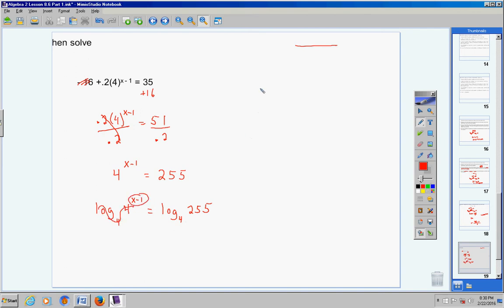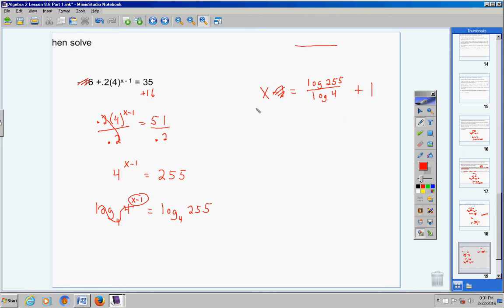So I'm left with x minus 1 equals, now, is this a base 10? No. Is it a base e? No. So we have to write it like this. Logarithm of what? 255 divided by the logarithm of what? 4. There it is. Not too bad, guys. Now solve for x. So take this negative 1, bring it over and make it what?